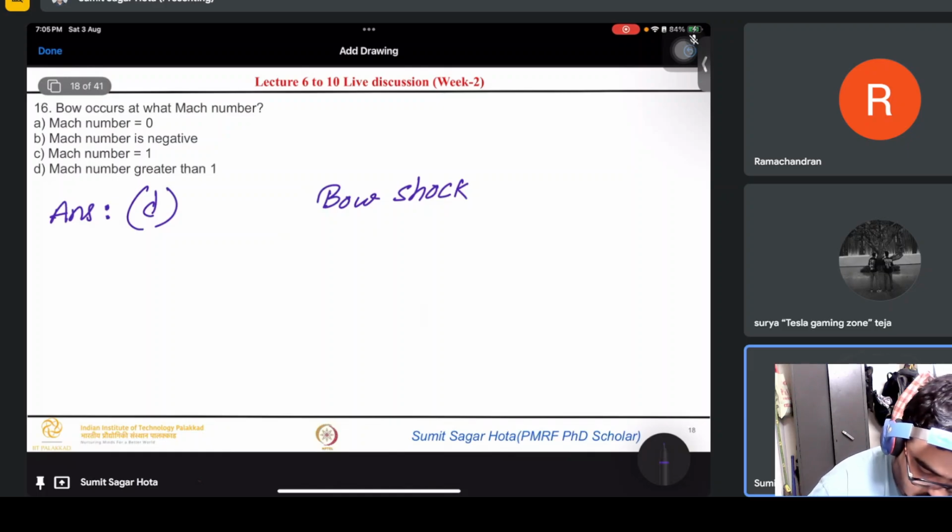So what is a bow shock exactly? If you really know, then only your doubt will be clear. A bow shock is a curved shock wave.